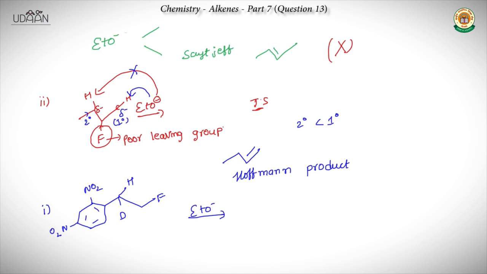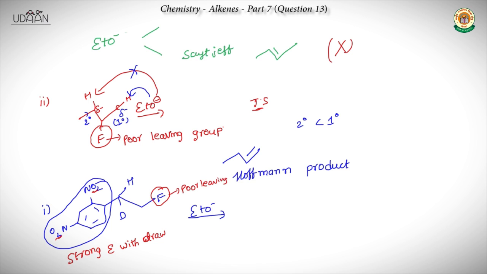Here if you observe, you have this one as a strong electron withdrawing group because of the presence of 2 nitro groups, and this fluorine is a poor leaving group.